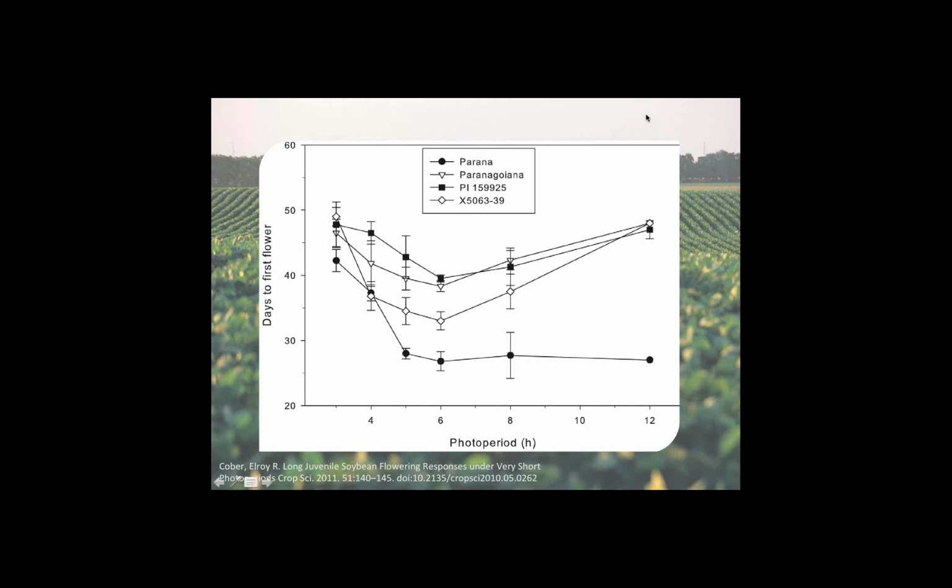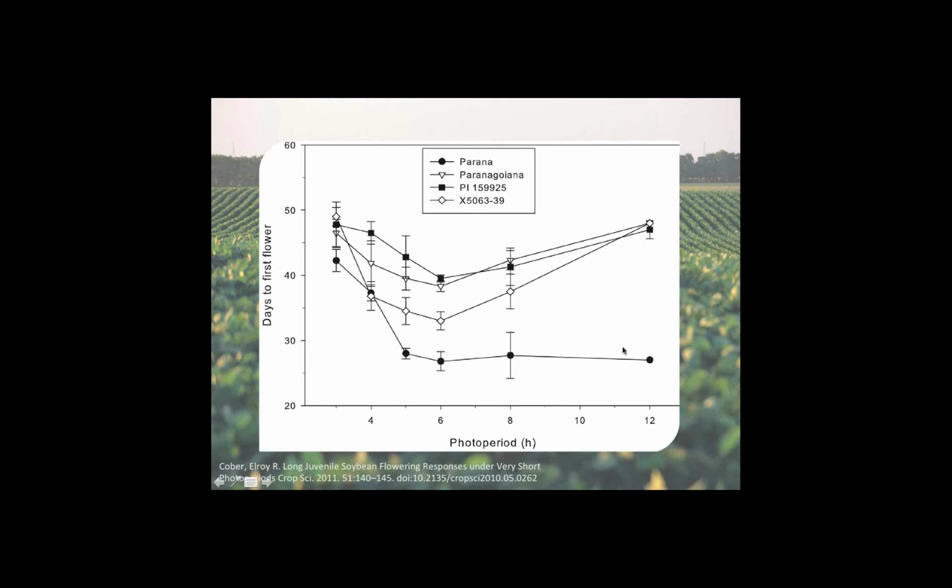Alroy Kober did some experiments comparing the conventional lines to 3 different long juvenile varieties. So I'm hoping that my cursor can show you. At the bottom here, we have the conventional, as in the non-long juvenile, Parana variety.